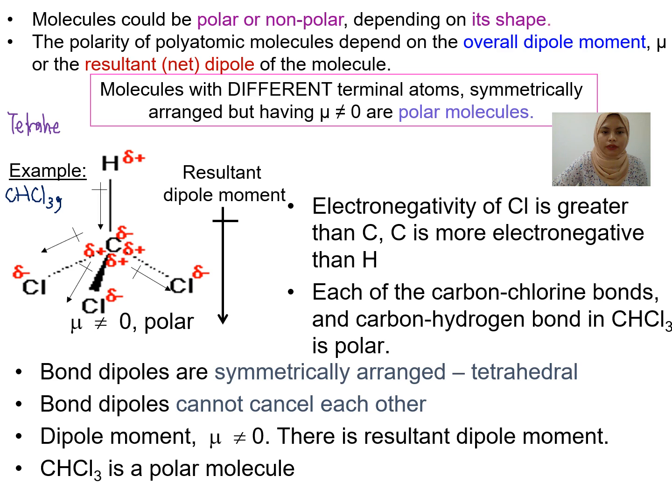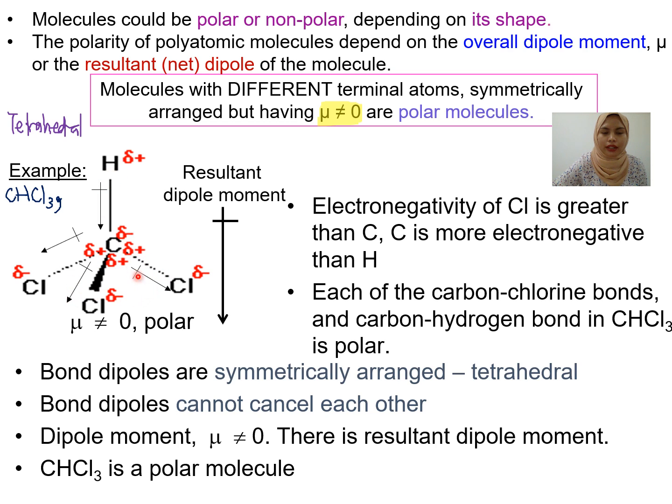Tetapi kalau you ikutkan flowchart tu dah bagi tahu kalau let's say you ada shape yang symmetrical tetapi dia punya terminal atoms dia berbeza, therefore the molecule will be a polar molecule. Okay, sebab apa? Sebab dia punya dipole moment wujud dekat molekul tersebut. Okay, kiranya dia punya bond dipole tak akan cancel each other kalau let's say dia punya terminal atoms dia different.